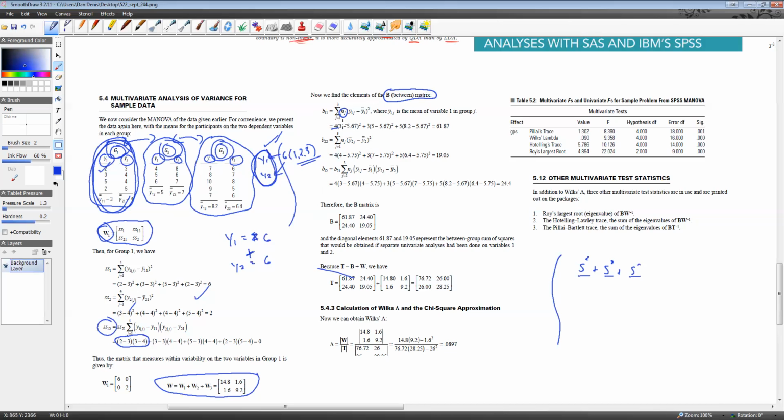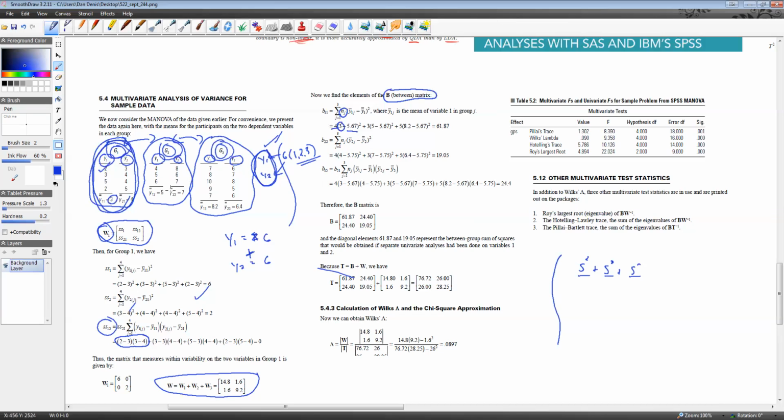Then you're taking 3, which is the mean right here, minus 5.67. Now, what is the 5.67? Well, the 5.67 is the mean of Y1 across the groups. How are you going to get that mean?